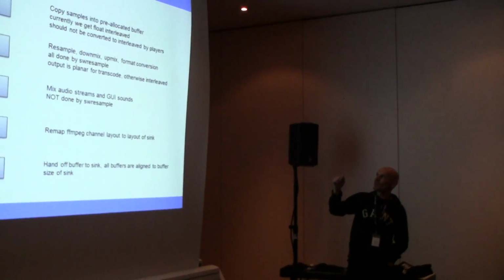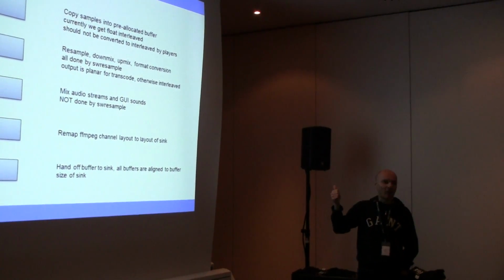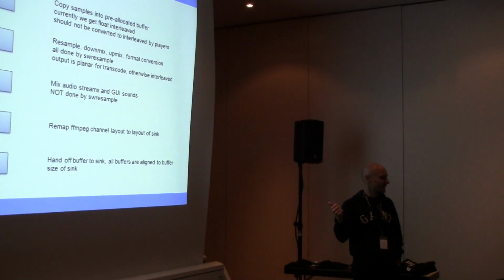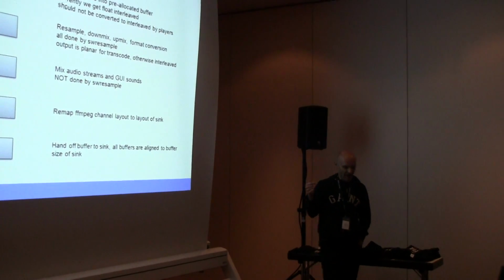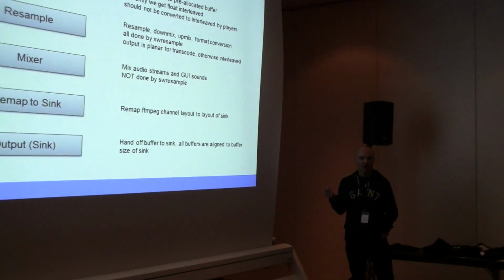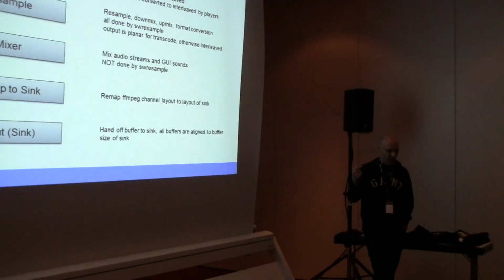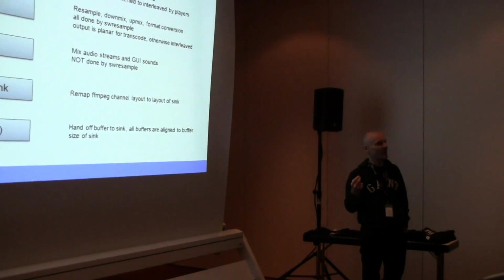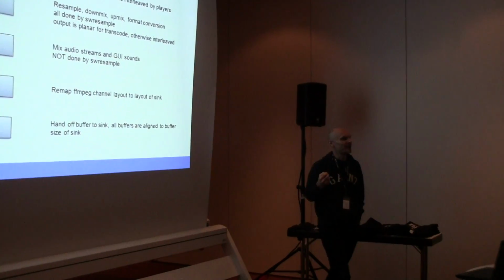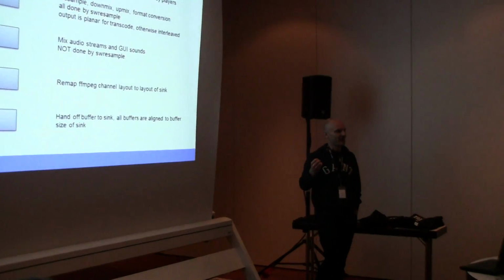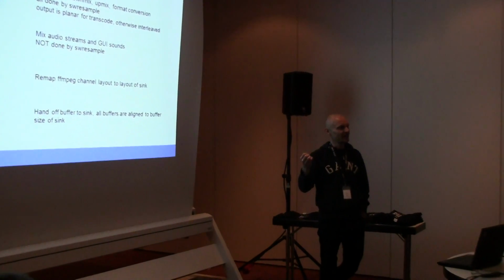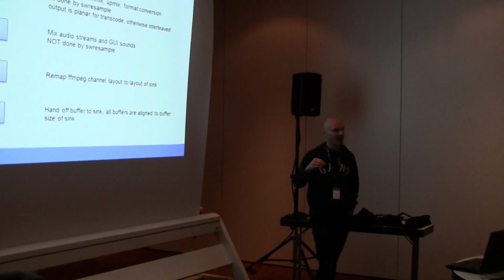At that point, currently, we get float interleaved from the players. With the last FFmpeg change, FFmpeg supports planar formats, and it's much better to keep the format we get from FFmpeg as long as we can. So that's room for future improvement: don't convert to float interleaved, but leave it planar.